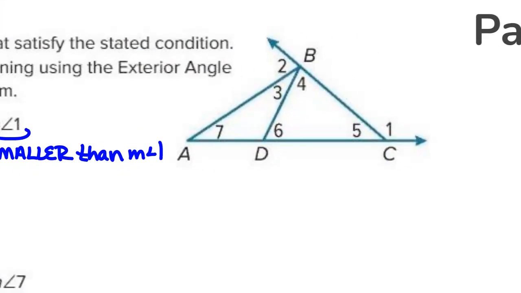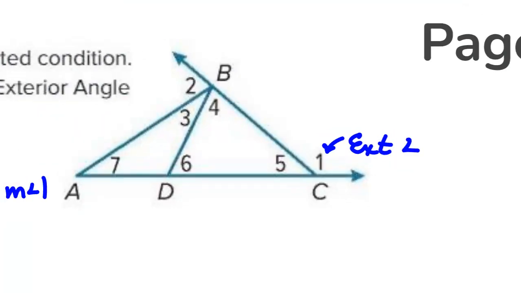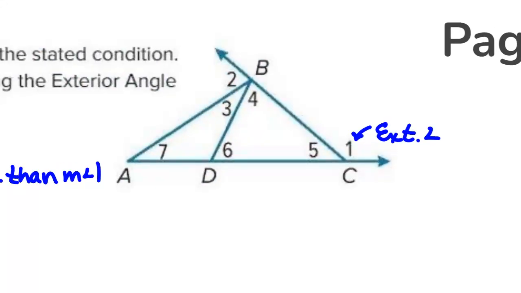Well, where's angle 1? Is it interior or exterior? Exterior. Here's angle 1. Angle 1 is an exterior angle for 2 different triangles in this picture. Let's draw around both of them so that we can see them. Here's one of the ones that I'm seeing.